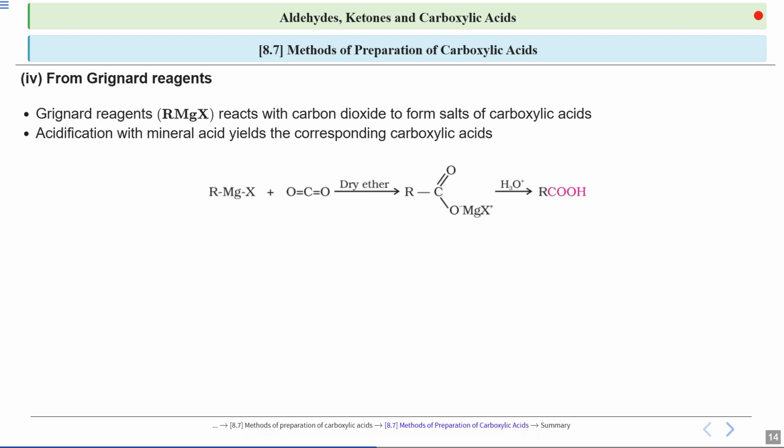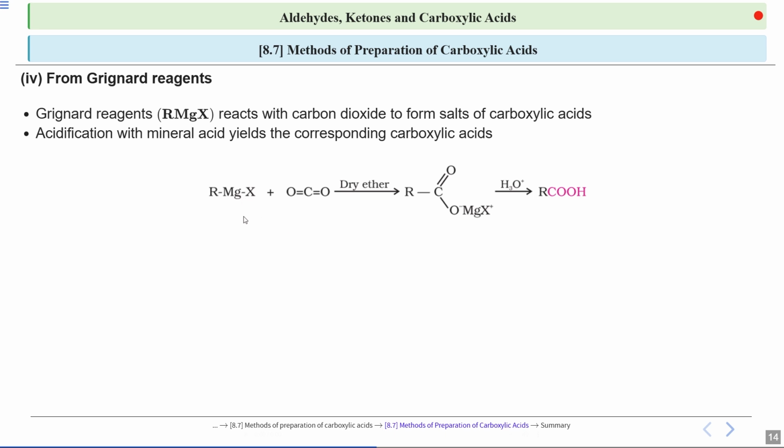Now if you look at this reaction, you have a Grignard reagent, RMgX, which you treat with CO2, carbon dioxide, using dry ether. Dry ether prevents the destruction of the Grignard reagent by water, because the Grignard reagent is highly reactive.